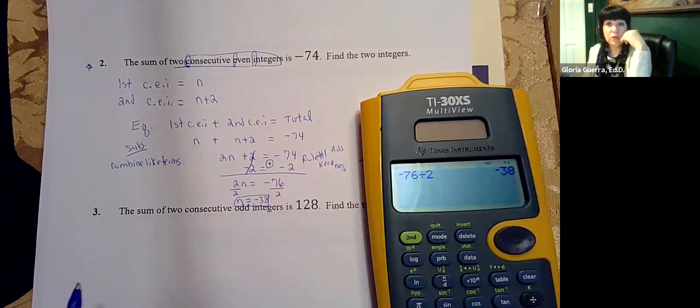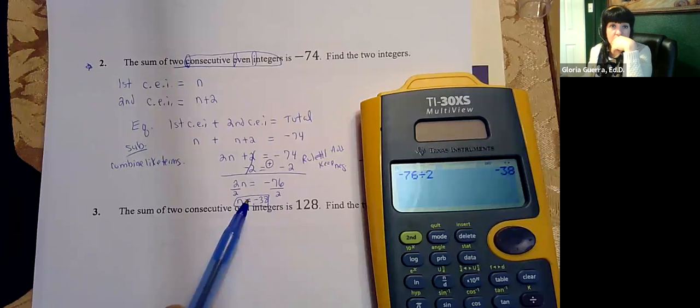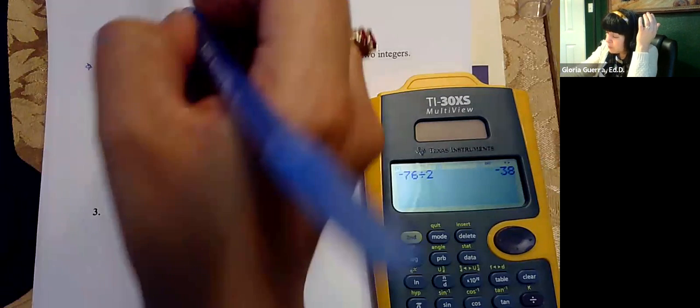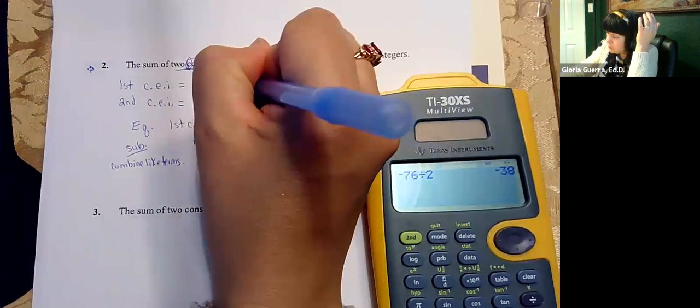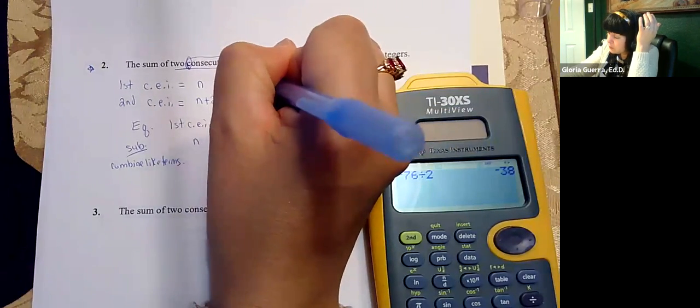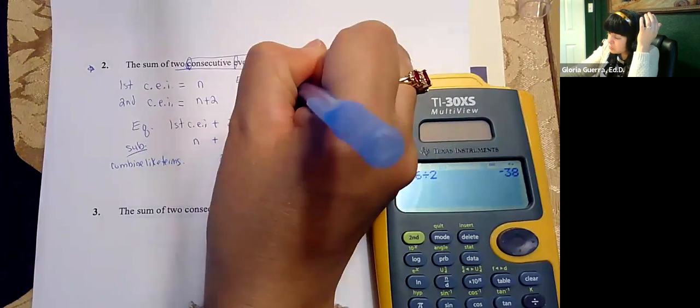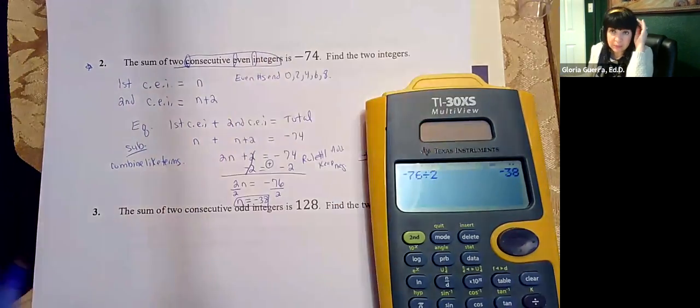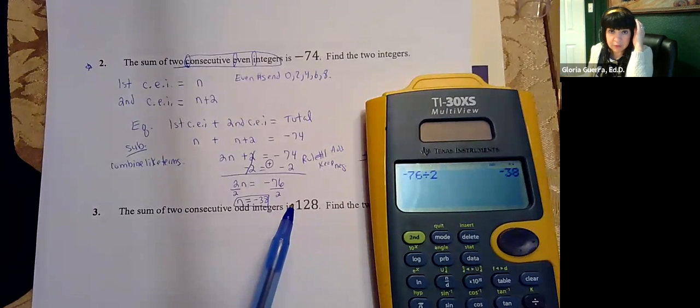And that's only the first one. You've got to find 2 of them. That's the first one, and it is even, right? Negative 38, that's an even number, right? Even numbers end in a 0, a 2, a 4, a 6, or an 8. So it is even, just happens to be negative, but it is even.